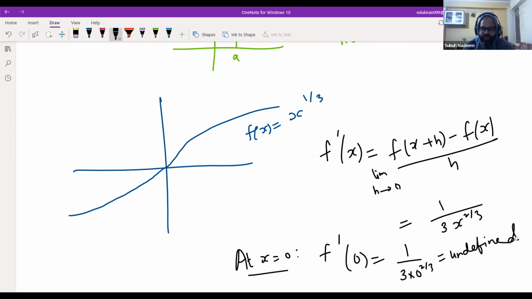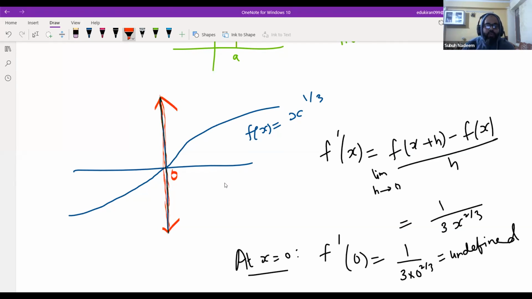This is undefined, right? So this is a tangent which is vertical. This is a vertical tangent.